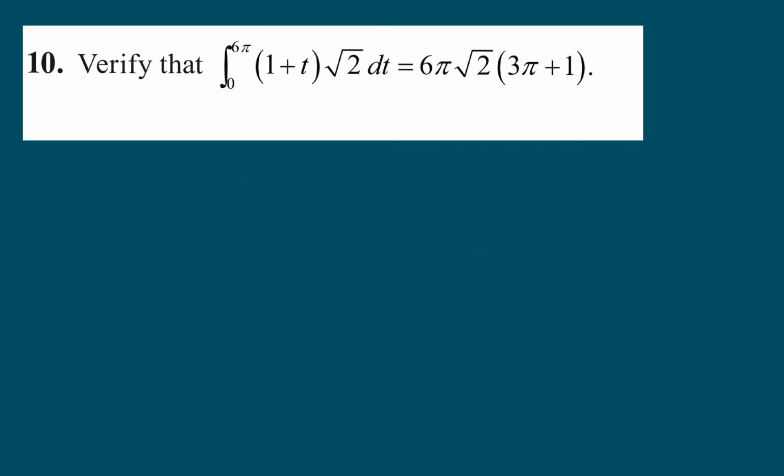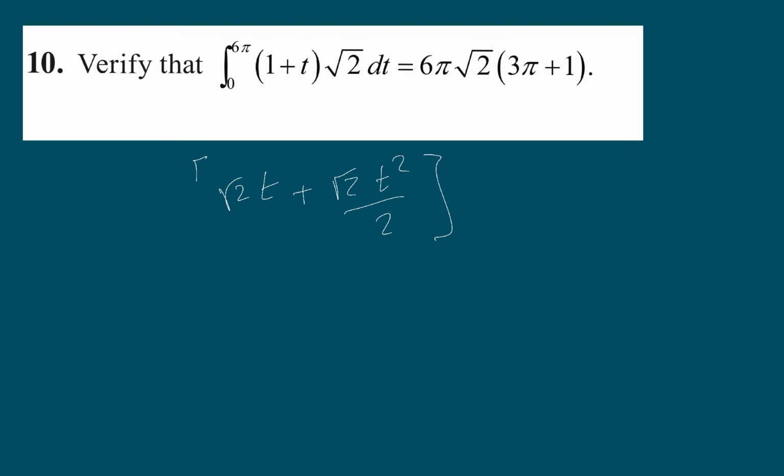Okay, this problem is just a verification, but I don't see it's hard. It's just making this integral. So the first integral will be square root of 2 times t. The second integral will be square root of 2 times t squared divided by 2.